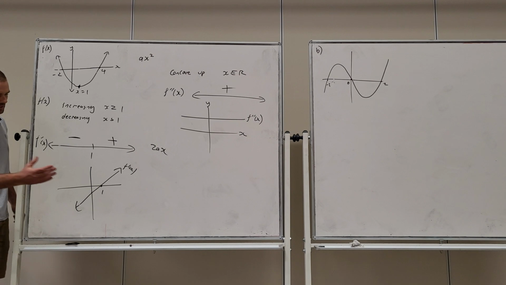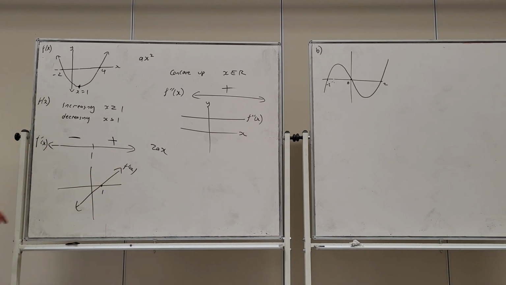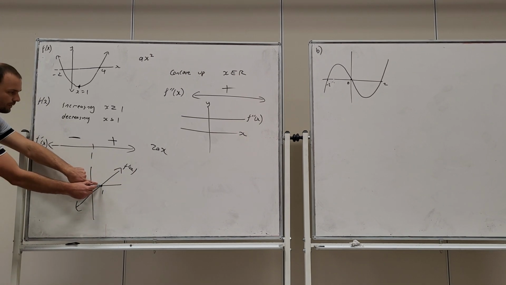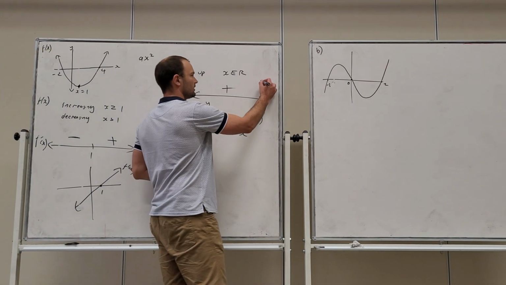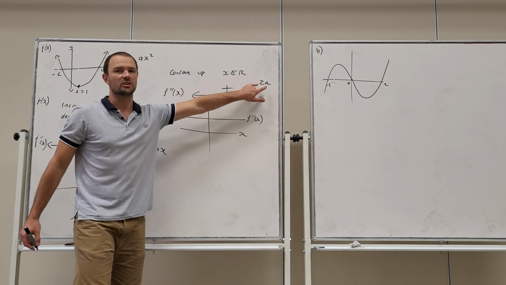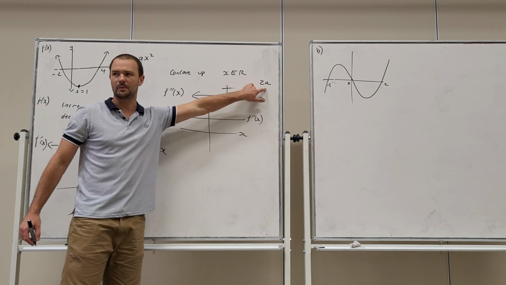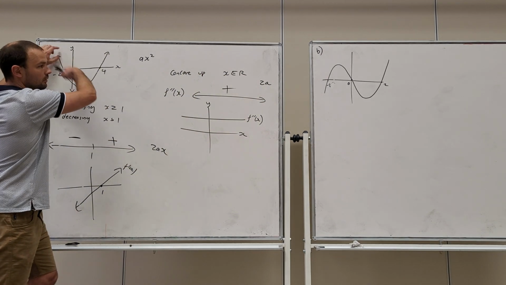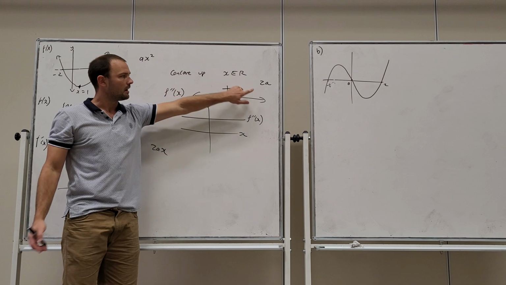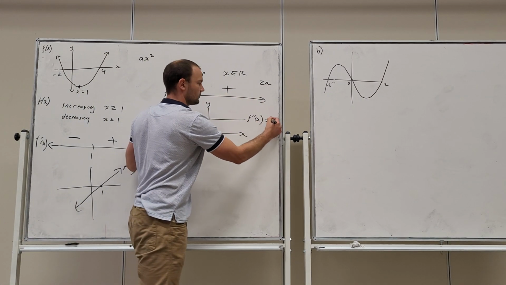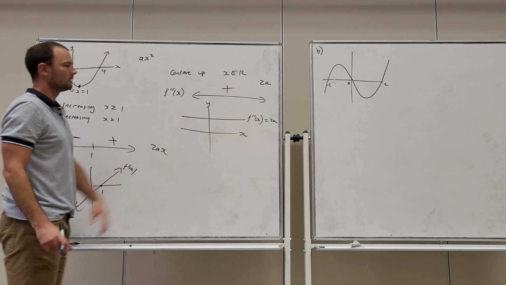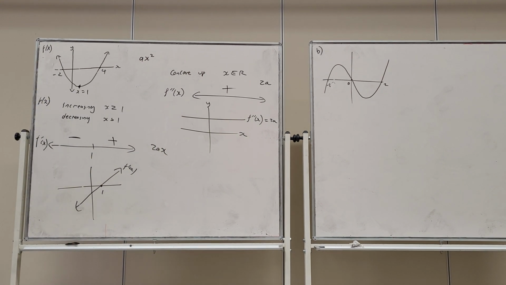What we're interested in is when is it below the x-axis and when is it above. And that's the point where it passes. And then if we differentiate 2ax, we're just going to get 2a, which is a positive number. We know it's positive because the quadratic's opening upwards, which means a is positive. So 2a is just going to be the equation of a line. F double dash of x equals 2a, a horizontal line.